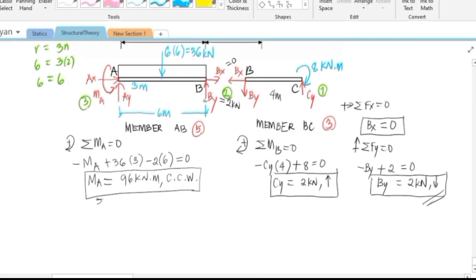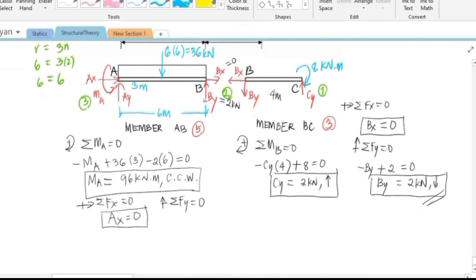Summation of the forces horizontal is equal to 0, taking the direction to the right as positive. Since BX is equal to 0, the only horizontal force here na makikita natin is AX. So AX is also equal to 0. Summation of the forces vertical is equal to 0.